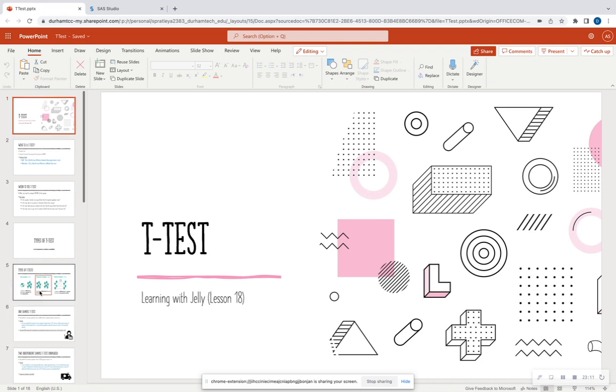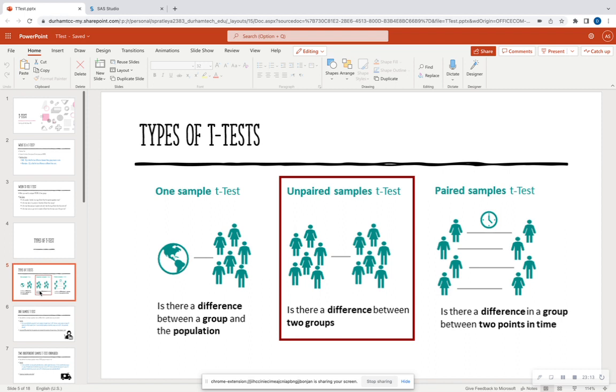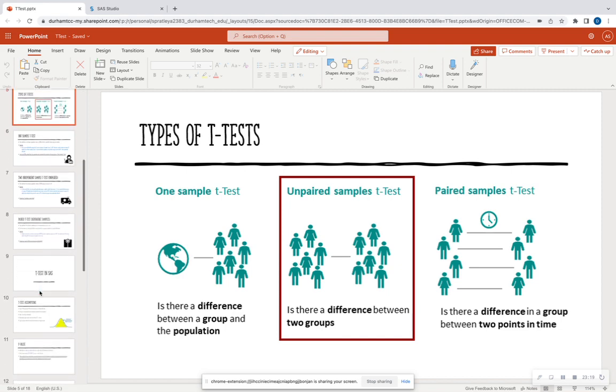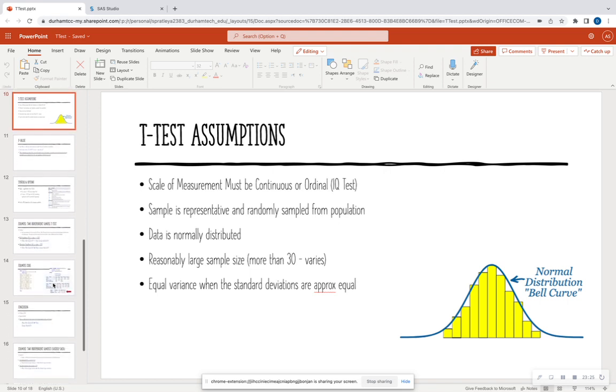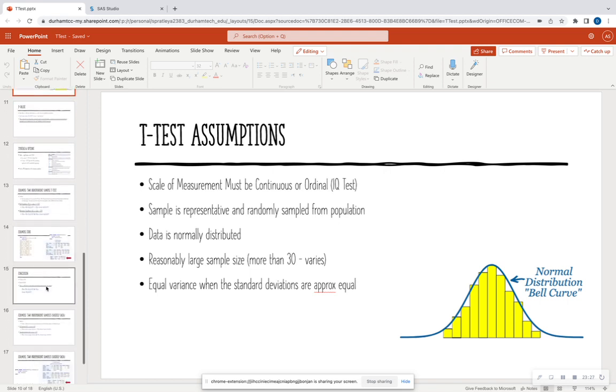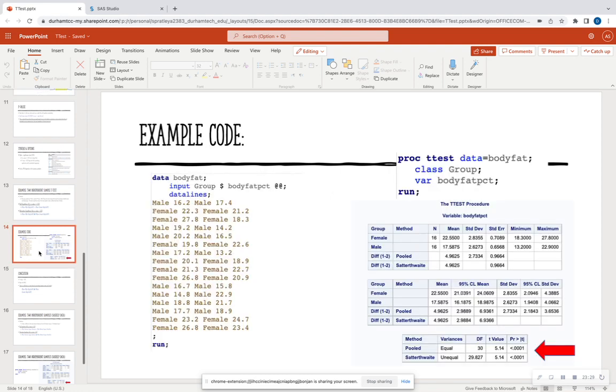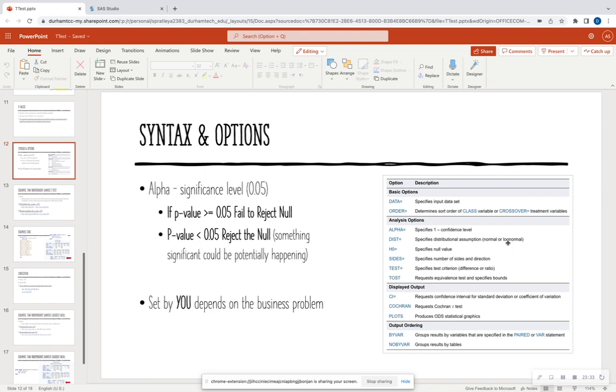There are three main types of t-tests: a one sample t-test, two sample t-tests or unpaired sample t-tests, and a paired sample t-test. There are some assumptions that you have to make sure that it's intact before you utilize t-tests. And running t-tests in SAS is pretty much 3, 4, 5 lines of code. You definitely have options within the documentation that you can also add as well.